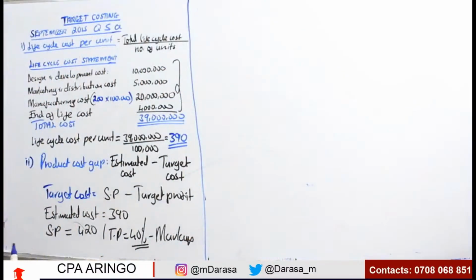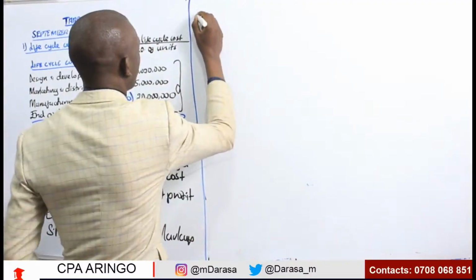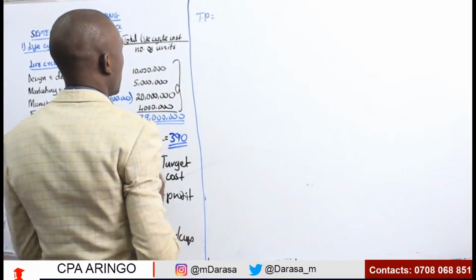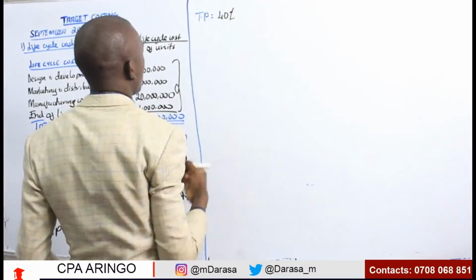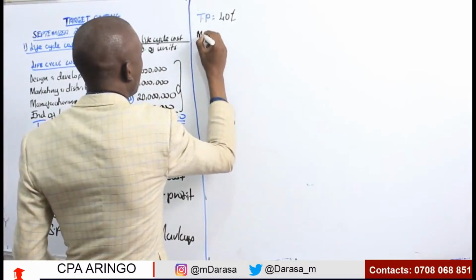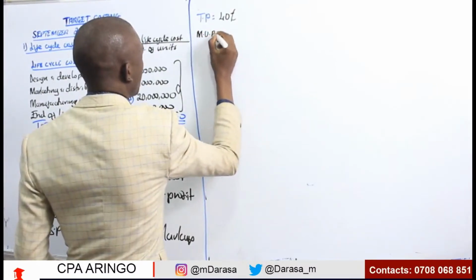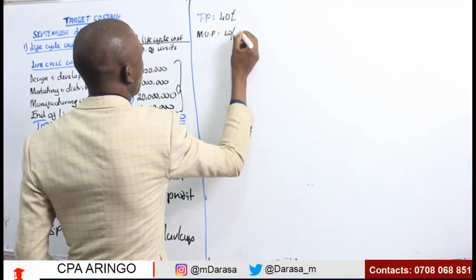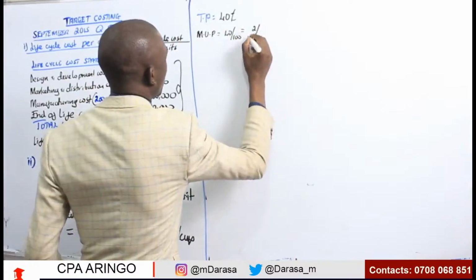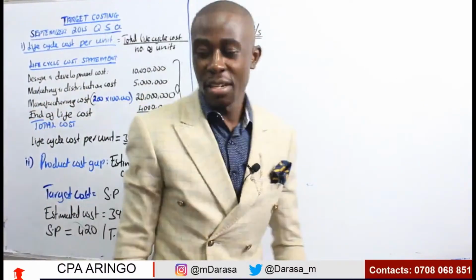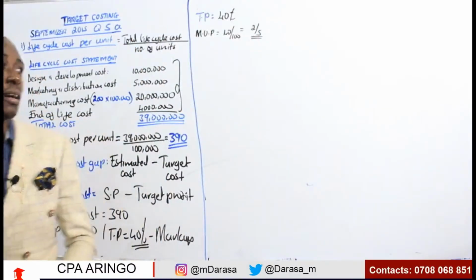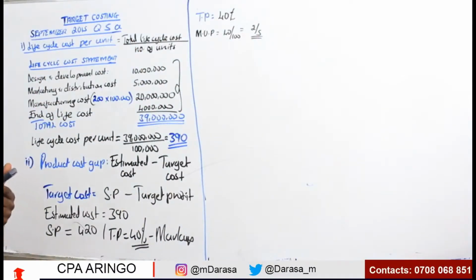So the target profit is a 40% markup, which is the same as 40 of 100, which translates to 2 over 5. So we have a markup of 2 over 5.